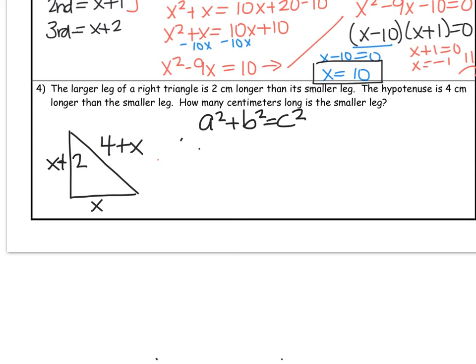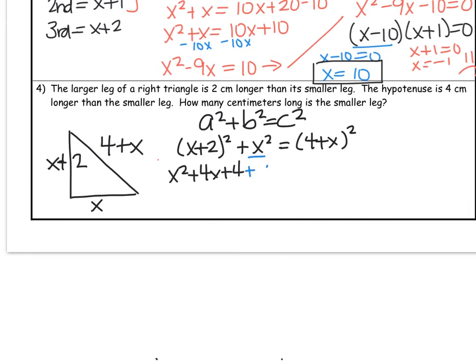So if we plug in x plus 2 for a, x for b, and 4 plus x for c, we need to multiply those polynomials and then combine like terms. x plus 2 squared is going to give us x squared plus 4x plus 4, plus this x squared, and then 4 plus x squared is going to give us x squared plus 8x plus 16.